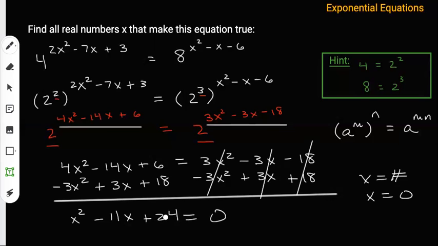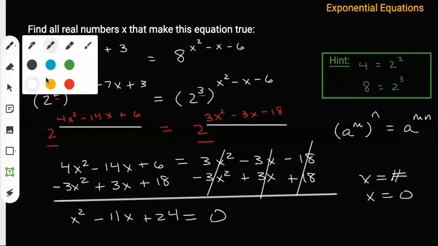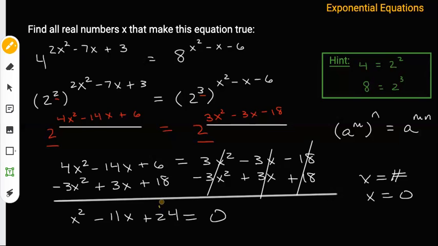So if I can factor this, I can figure out what x is going to be. What I would have to do for this one is find two numbers that multiply to a positive 24, but add to a negative 11. So what are those two numbers going to be? 3 and 8, but to add up to a negative 11, they both have to be negative, right?